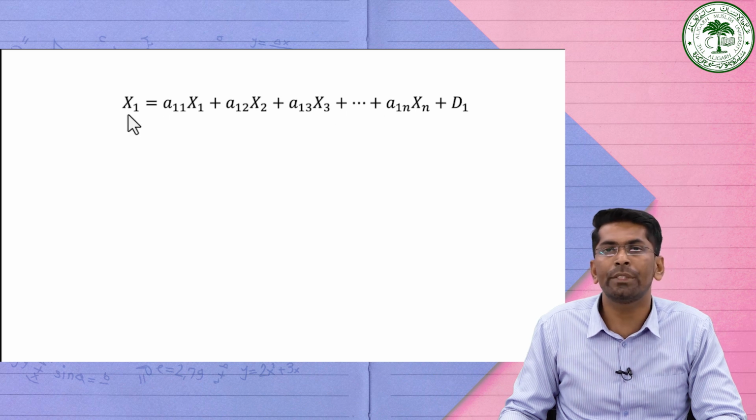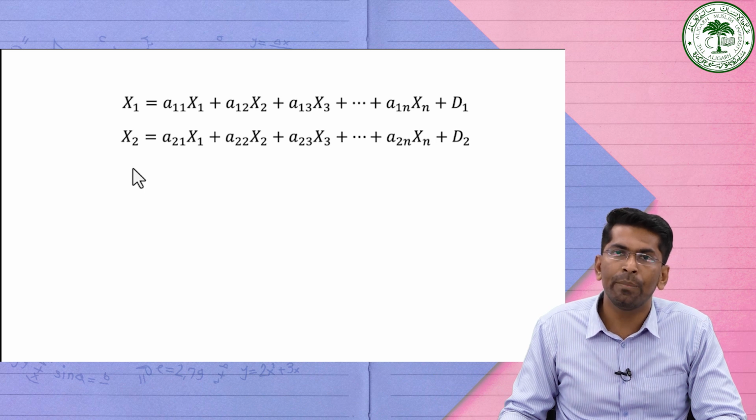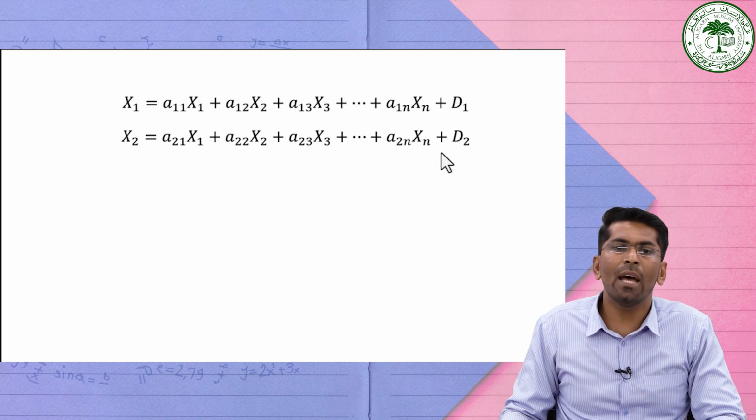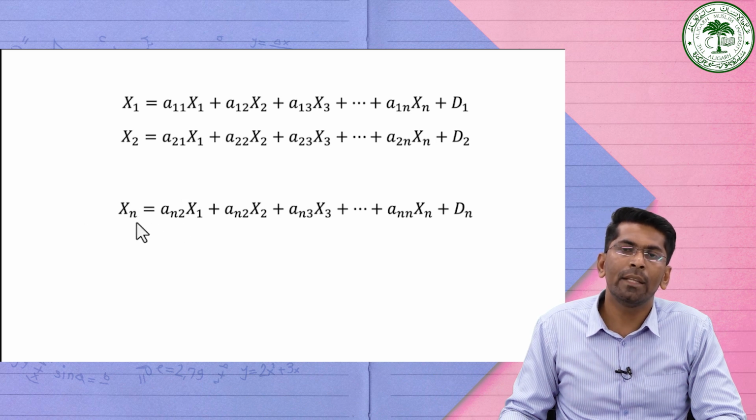That is, output of the first industry is used as an input for the other industries, plus the final demand. Similarly, we have x2, the output of the second industry, which is a21 proportion of x1, a22 proportion of x2, and accordingly up to a2n xn plus the final demand. So similarly we have x3 as well, up to xn. So the output of xn is an1 x1 plus an2 x2 plus an3 x3 up to ann xn plus dn.